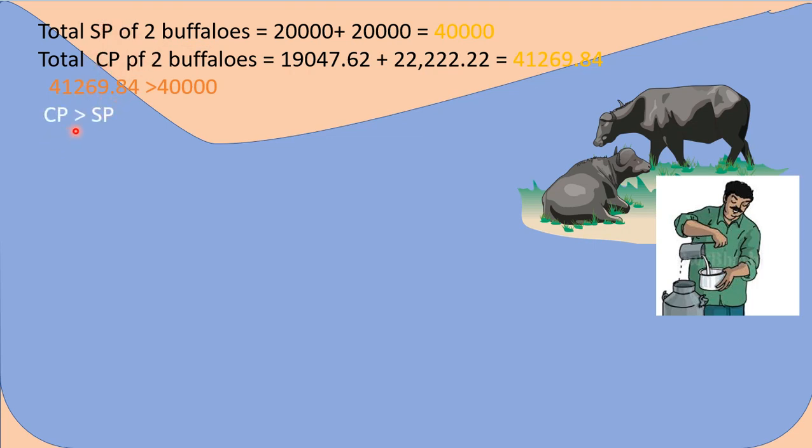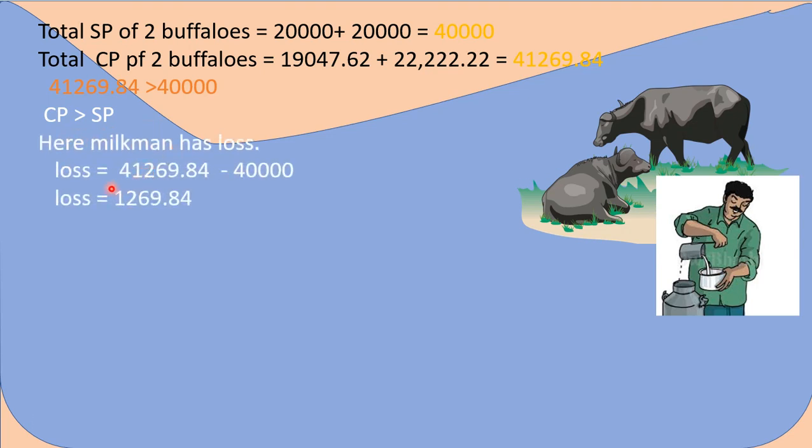Now this is the overall transaction, or overall profit and loss. Here the cost price is greater than the selling price. That means the milkman made a loss. And how much is the loss? The loss is the difference of these two amounts, that is equal to 1,269.84.